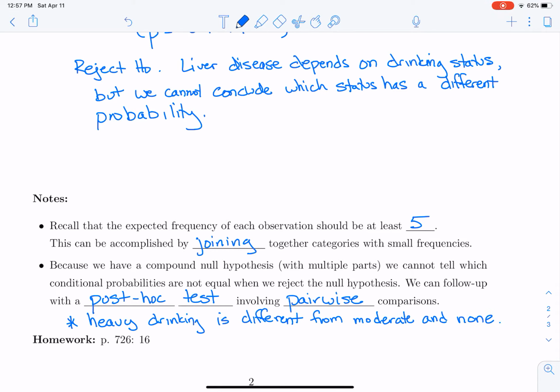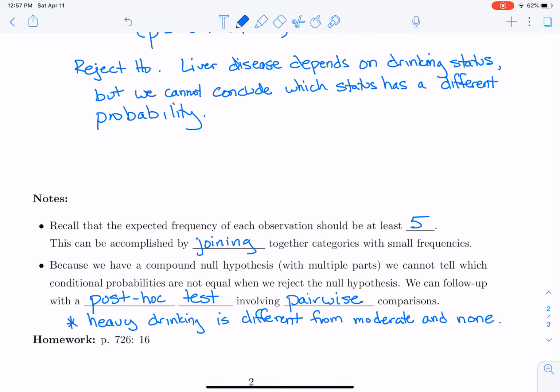For moderate and none, you aren't able to tell if there's a difference between those two. So we can't reject the null between moderate and none, but we can reject the null between heavy and moderate and heavy and none. So it appears that heavy drinking is what has a dependent relationship with liver disease.